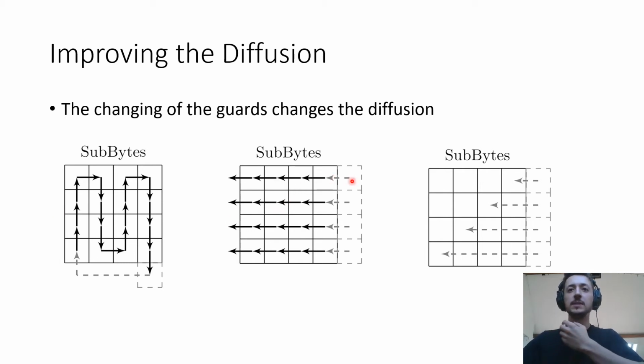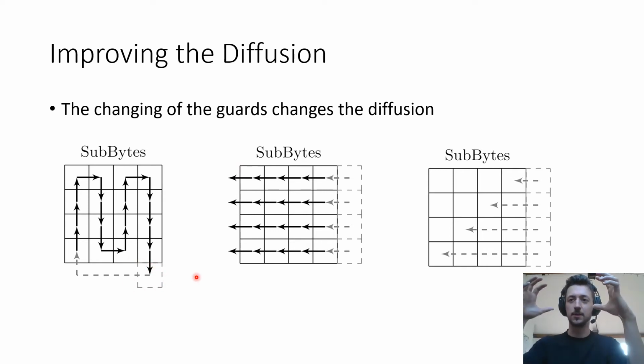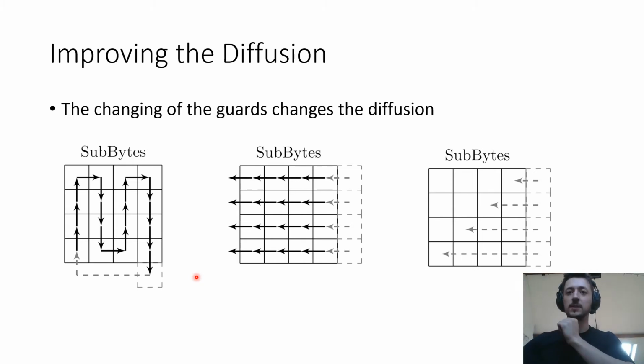So what we do instead is take the approach in the middle, where we chain our S boxes, but only row by row. What I haven't explained is this gray cell here. This gray cell is our extra cell, our memory cell, because after applying our changing of the guards to 16 S boxes, we have to take the output of the last S box, keep it, go to the next round of the AES, and to initiate the changing of the guards of that round, we take that extra cell again to initiate it.